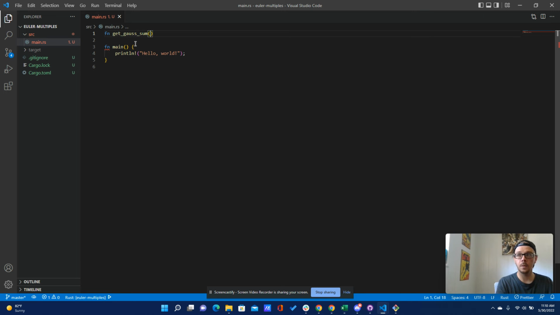So let's say limit to u32 and multiple, u32. For most of the later problems, I'd say you're probably looking at using an unsigned 64.